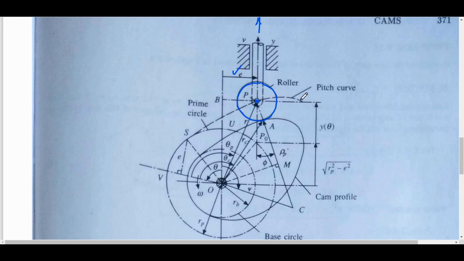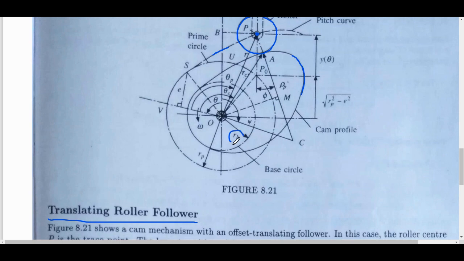Relative to the cam, it travels on the pitch curve, which is here, but this inner part, this is the cam profile. There is a base circle which is given by the cam profile itself, and there is the pitch circle which is given by the cam profile radius plus the roller radius.